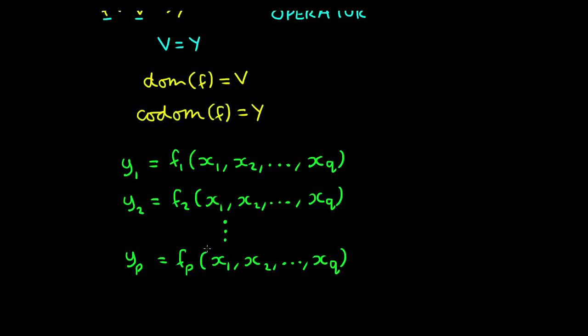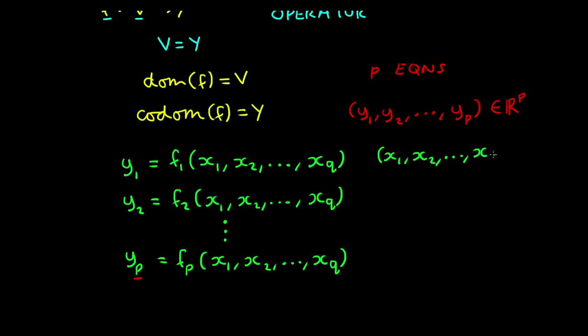So here we have p equations that assign a unique point or vector having components y1 to yp, which is in a vector space of p tuples, and this unique point or vector gets assigned to each point or vector being x1 to xq that's in the space of q tuples.